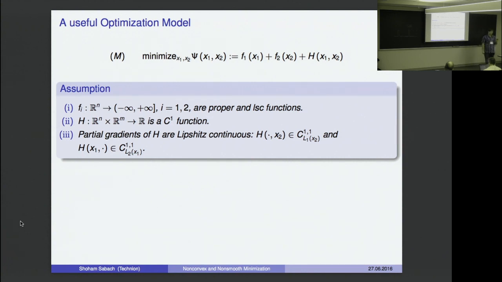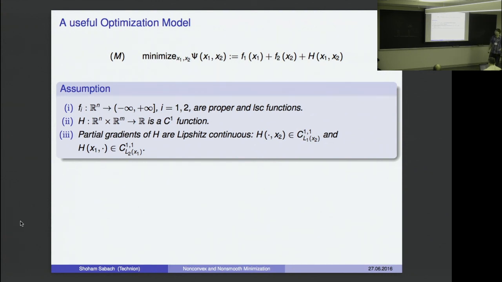As you can see, we assume non-smoothness of these functions. What we actually ask is that the constraints on each block are separated. So we cannot have any coupling constraint. On each block you have a different constraint. Then you have a coupling function h, which is the third function in the model, which is indeed a coupling function.